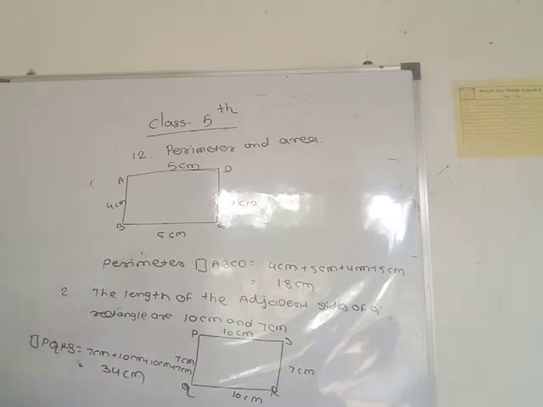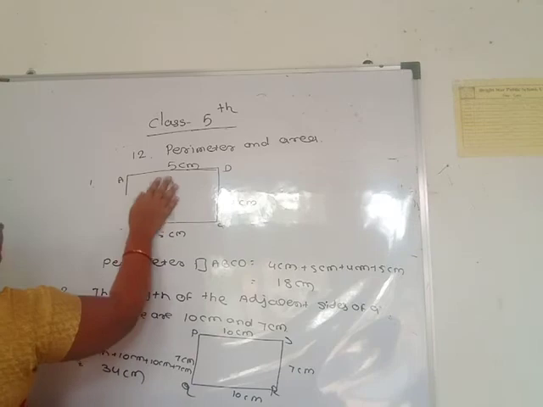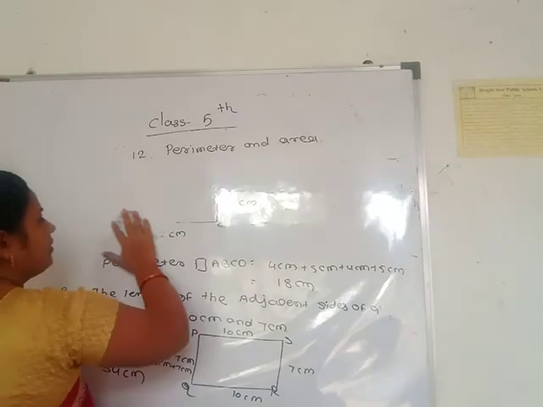Then the third one, see. Third example: the length of the side of the square PQRS is 5 centimeter.